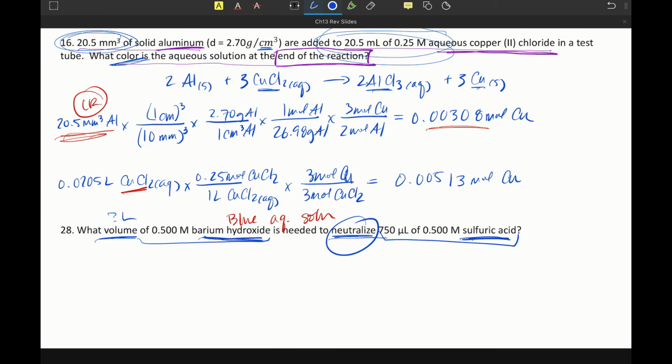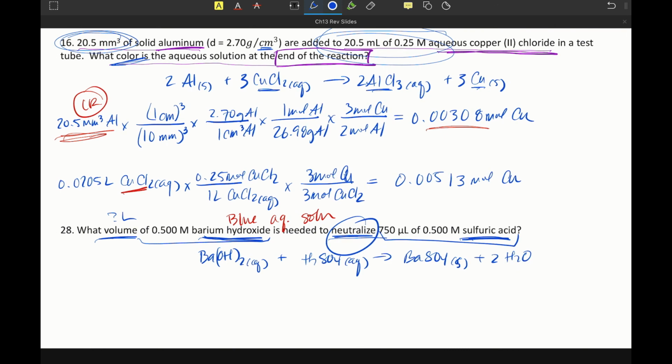Must have a balanced equation, right? So barium hydroxide, aqueous, with my sulfuric acid, aqueous, is going to produce some barium sulfate, because we're going to switch our cations. This is going to be solid actually. And my H2O, 2 of those, and we would be done.